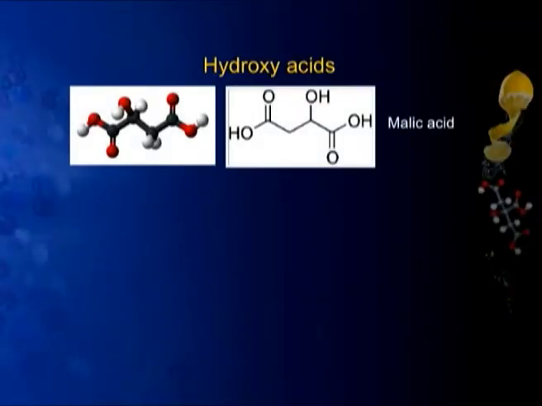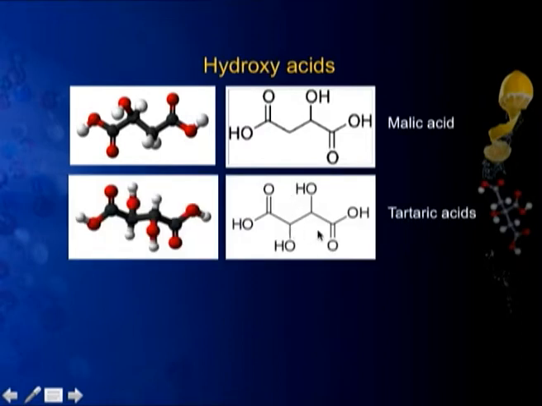But from our natural sources, that is basically from fruits, we get some common hydroxy acids which have more than one carboxyl group and hydroxyl group with them. These are malic acid. Malic acid is a 4 carbon acid where 2 carbons are present as carboxyl groups and 1 carbon contains a hydroxyl group.